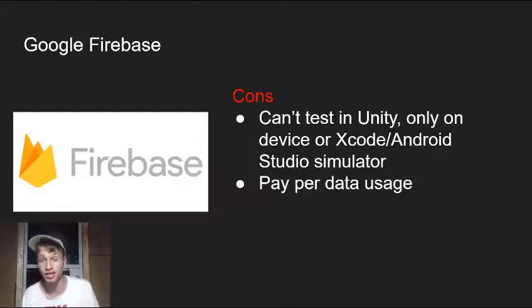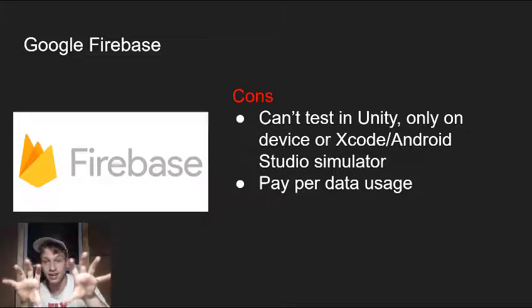If you're Android gang, Android Studio, and you open up your simulator, and there are ways to open up basically two devices side by side, right? And that's probably the best way to do it. So in Xcode, you're going to run two devices, have them side by side, and you can test all the networking in the simulator.